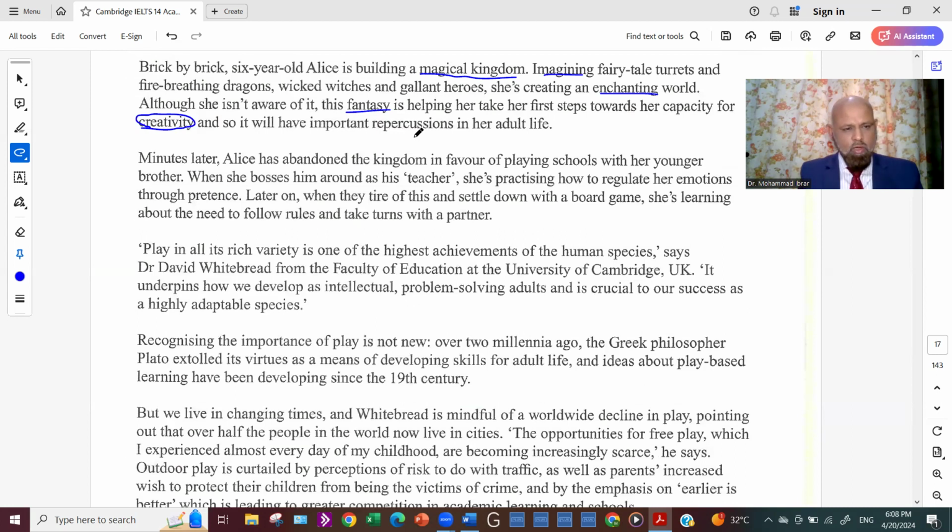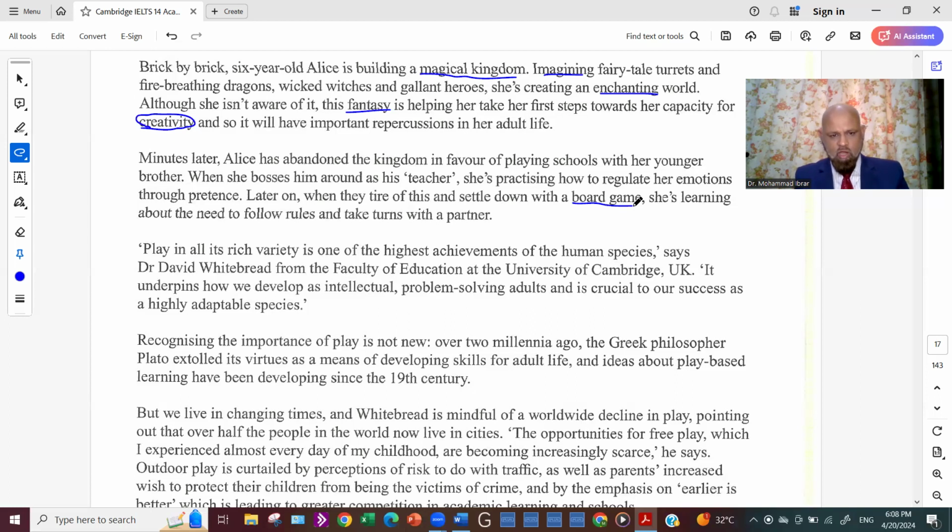So I'm going to circle the answers that we find. Okay. Alice is born in the kingdom in favor of playing schools with the younger. Settle down. Oh, you see, here we have got this board game. Now the answer is somewhere here, maybe a few words before or a few words after.